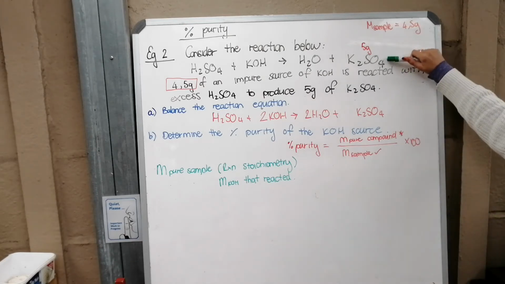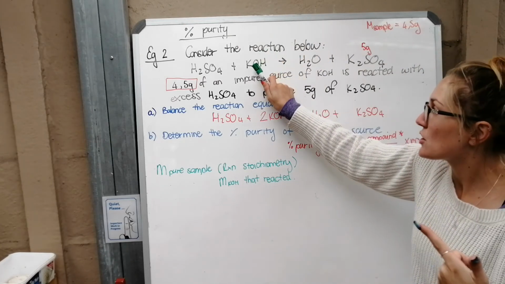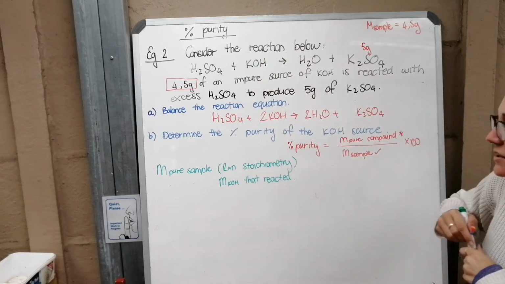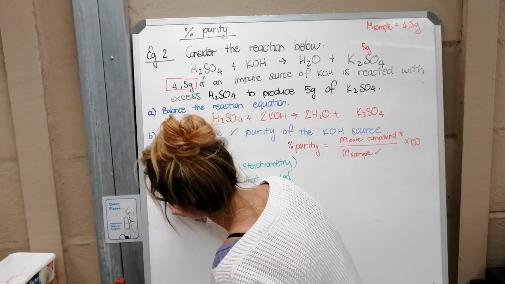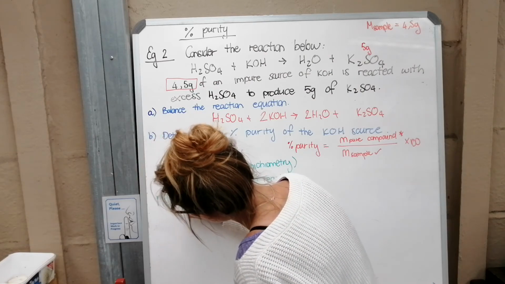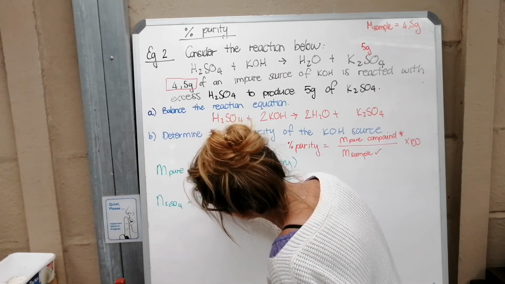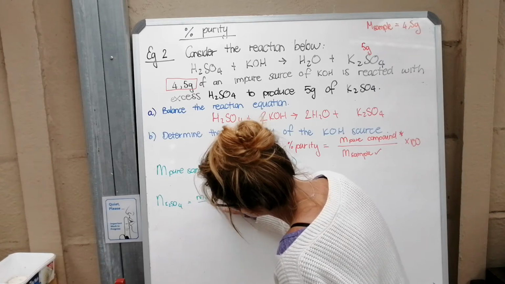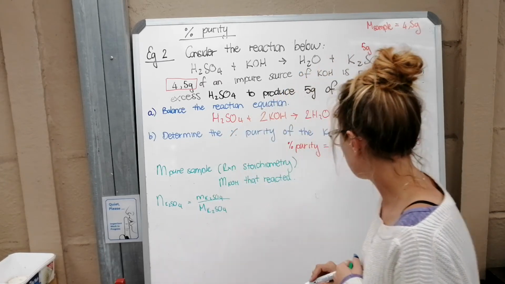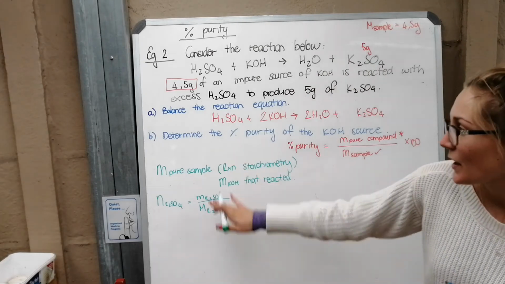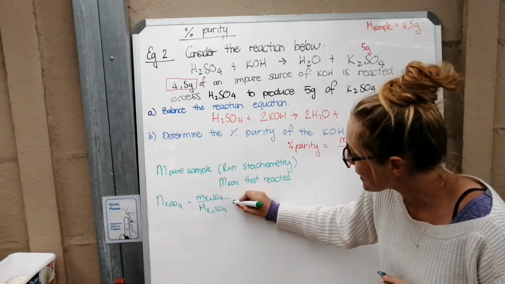We know how much of this is produced, we want to know how much of this reacted. Okay, so same process we've been doing. So starting off with the number of moles of K2SO4 equals the mass of K2SO4 divided by the molar mass of K2SO4. I'm worried about running out of vertical space, so I'm going to go sideways a little bit.